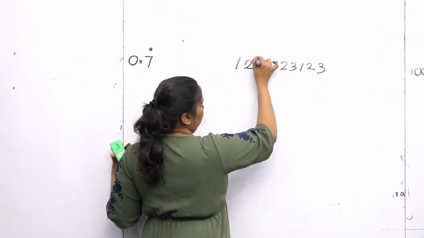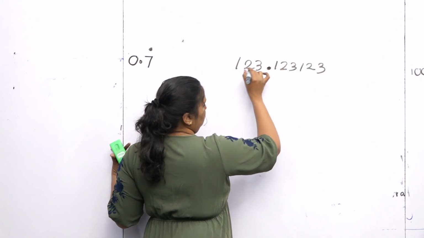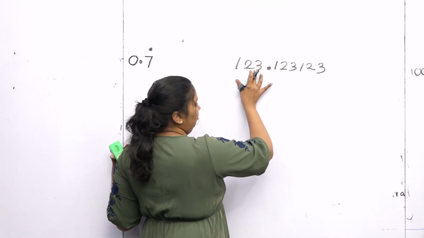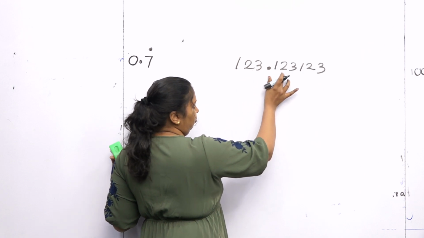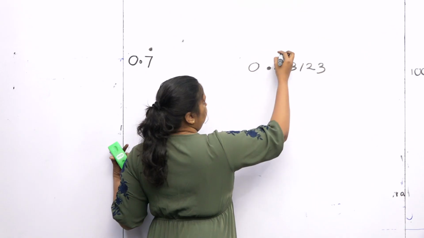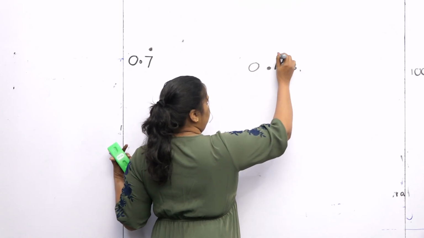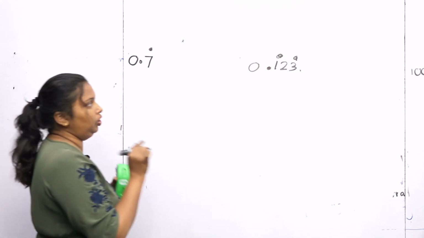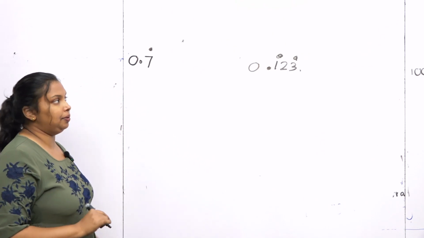So how to write this one? 0.123123, like that. Or else if you have 0 here, we have to write it like this, 0.123 with dots. The meaning is that 0.123123 like that it repeats, right?